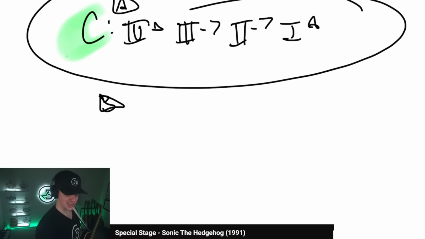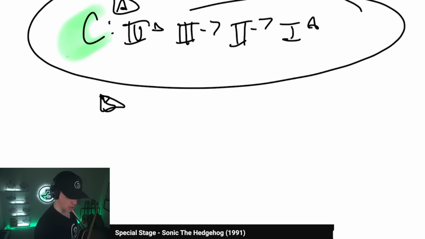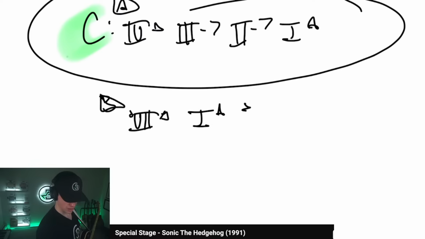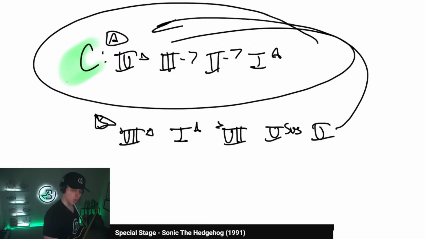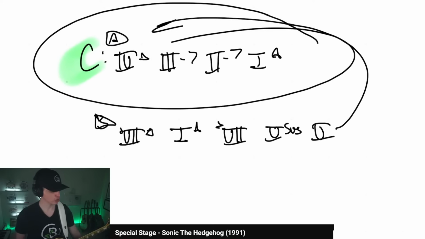Then we go to the B section, and in the B section, it's going to flat 7 major 7 to a 1 major 7, to a flat 7 major 7, to, if I'm not mistaken, a 5 sus 4 to 5, and then back around. We loop back around. Hey, let's keep going to the next one, which is Invincibility.